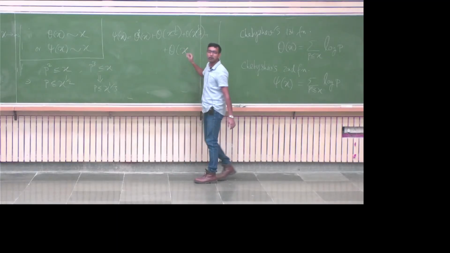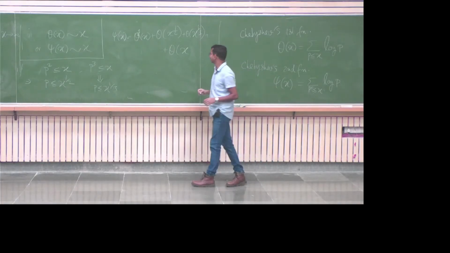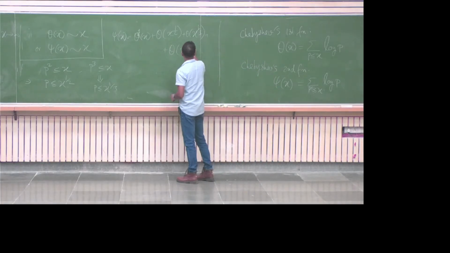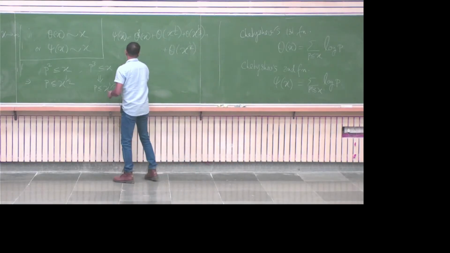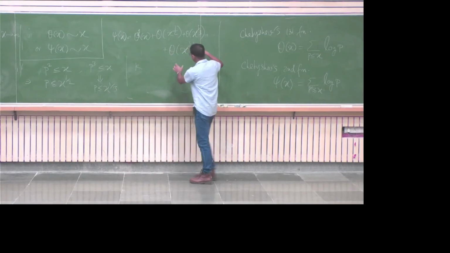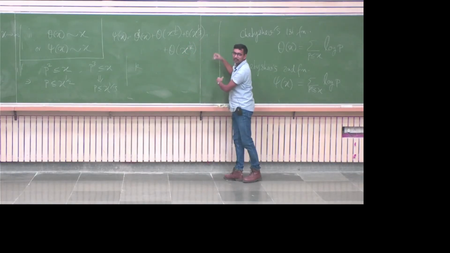So on up to which power of x? When the power was less than the allowable x, right? So x to the power 1 by k, but what is k? After theta of x to the power 1 by k, anything else will be just 0.